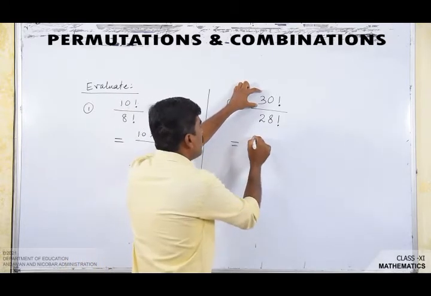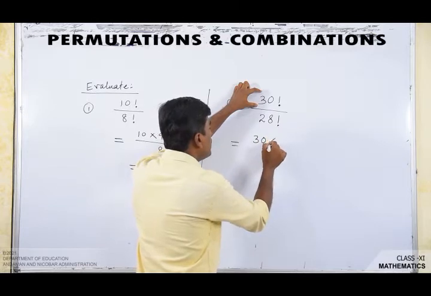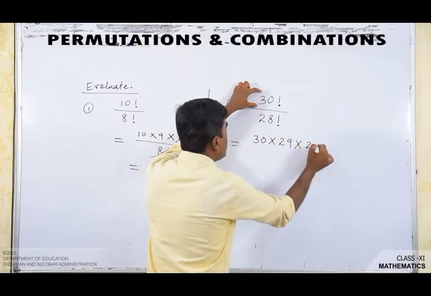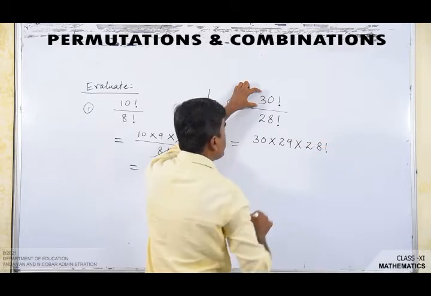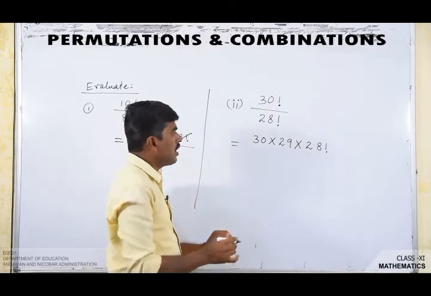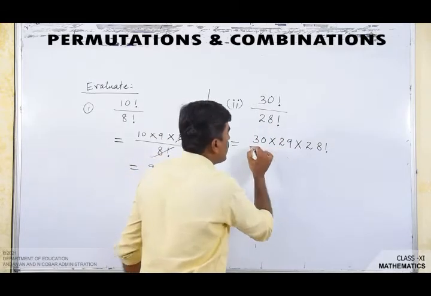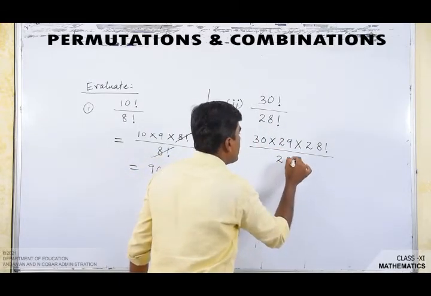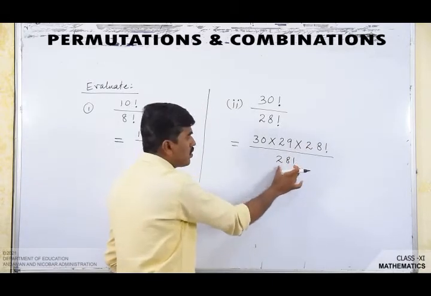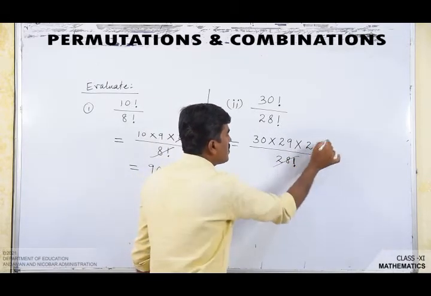That means we have to write 30 into 29 into 28 factorial, as the denominator is 28 factorial. So write 28 factorial in the denominator, and 28 factorial divided by 28 factorial is 1.